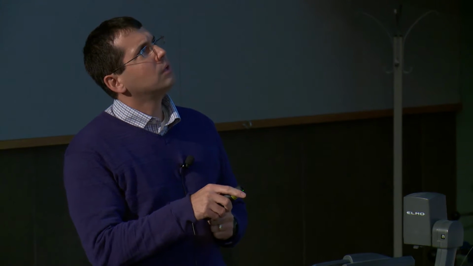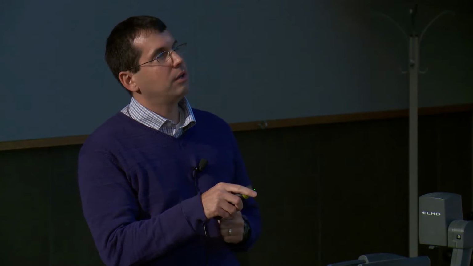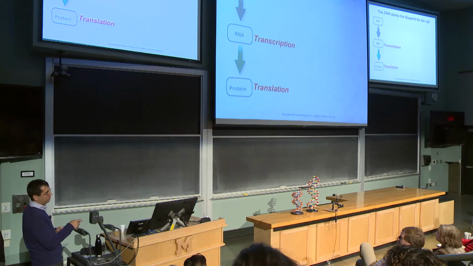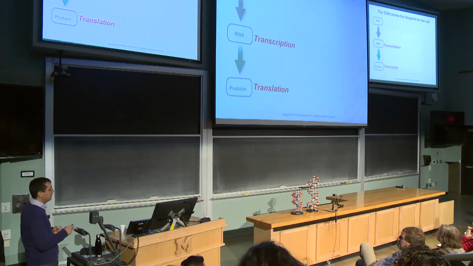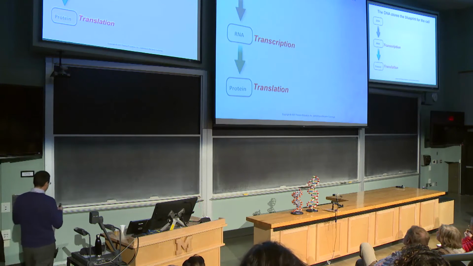DNA is converted to another nucleic acid called RNA during the process of transcription, so the message on the DNA will be transcribed into RNA. Then RNA, which is a nucleic acid like DNA but different, will be translated into protein. It's a conversion of the message from nucleic acids to amino acids, and amino acids make up protein.